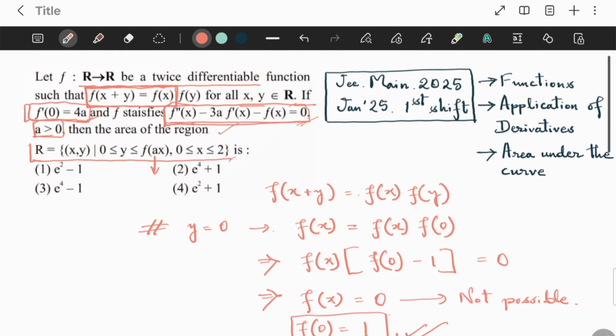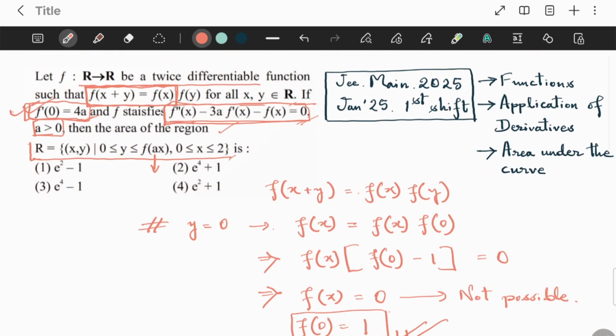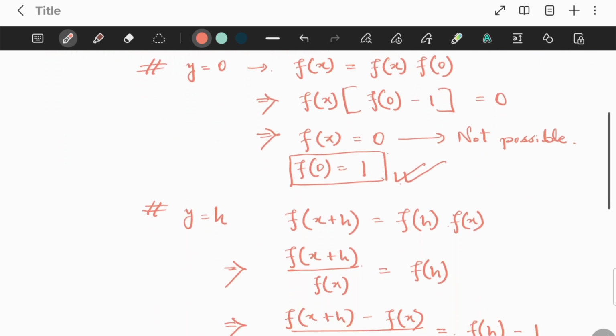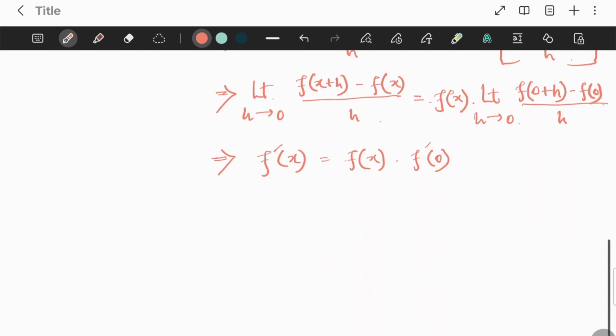You see, the question says f dash 0 equals 4a. So that means f dash x equals fx into 4a.